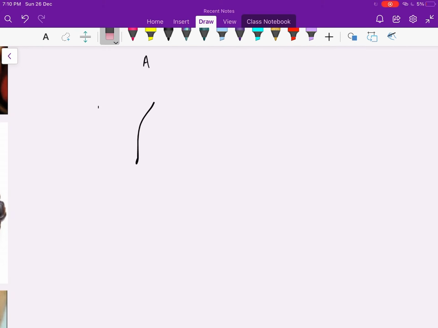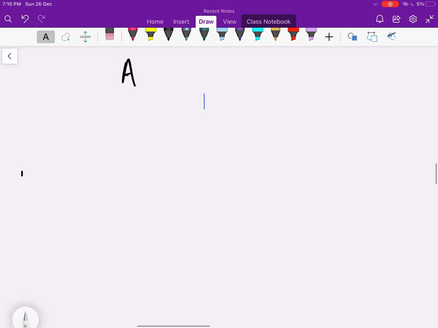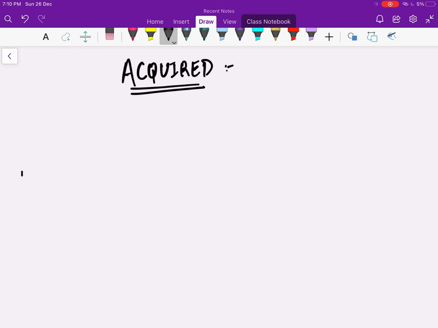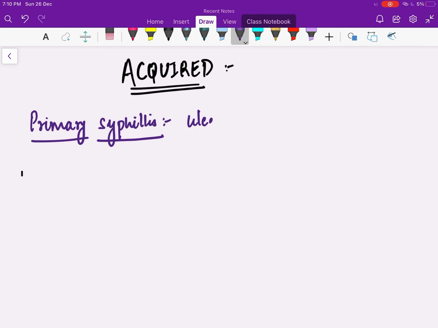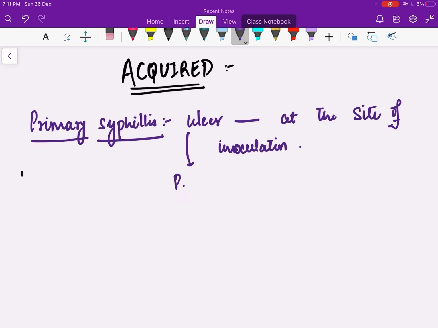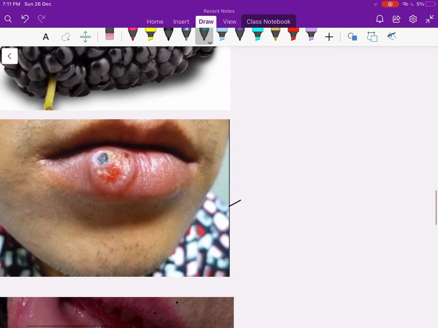Coming to the acquired syphilis, we already discussed that it occurs whenever there is contact with an infected person. Firstly there is primary syphilis. This is the primary stage. In the first stage, there is formation of an ulcer at the site of inoculation. This ulcer is painless and is called a chancre, Hunterian chancre.